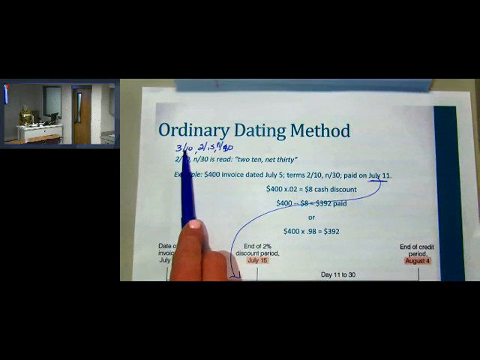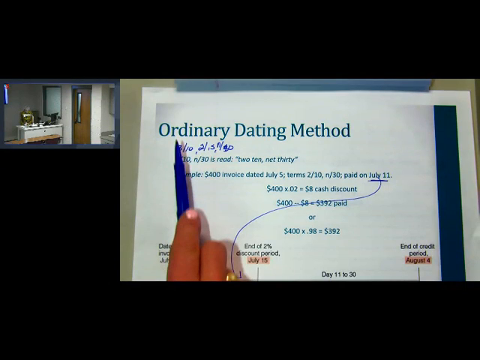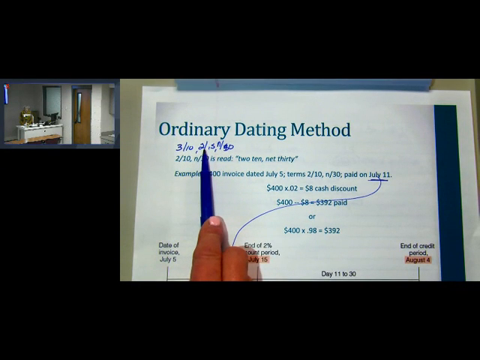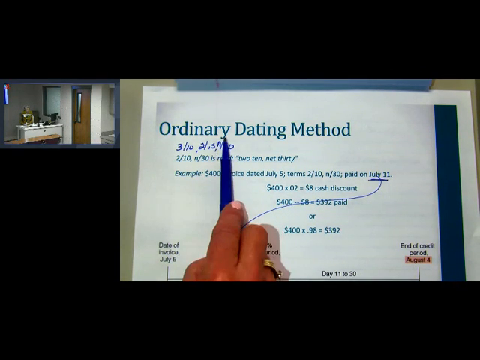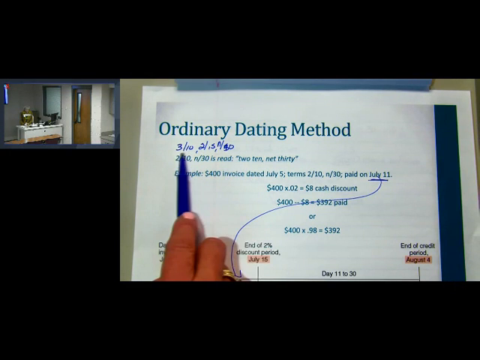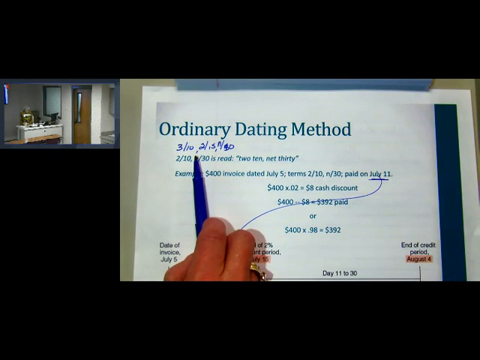You have the first 10 days of the month and you get a 3% discount. If you miss this discount period, you have the next 5 days to get a 2% discount. If you miss this discount period, you still have to pay your bill within 30 days of your invoice date. So again, this is still an example of ordinary dating in a different form.